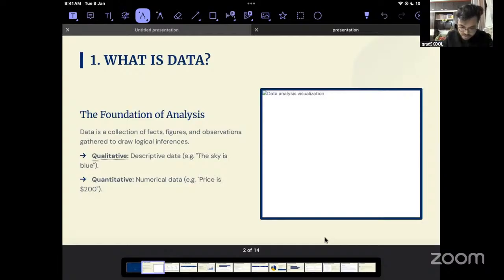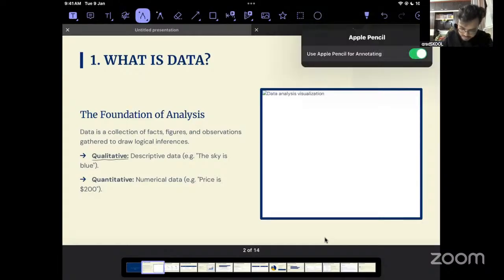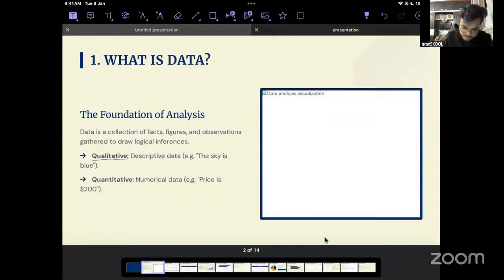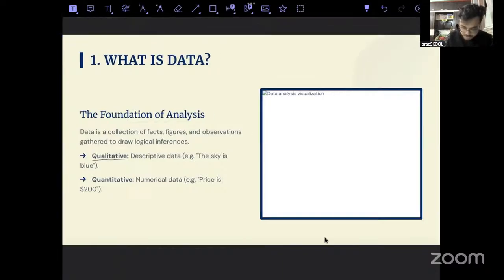I'll just change the color. Let me check. Okay, no worries. I'll check it later on. So data are of two types: qualitative and quantitative. So what is qualitative data?